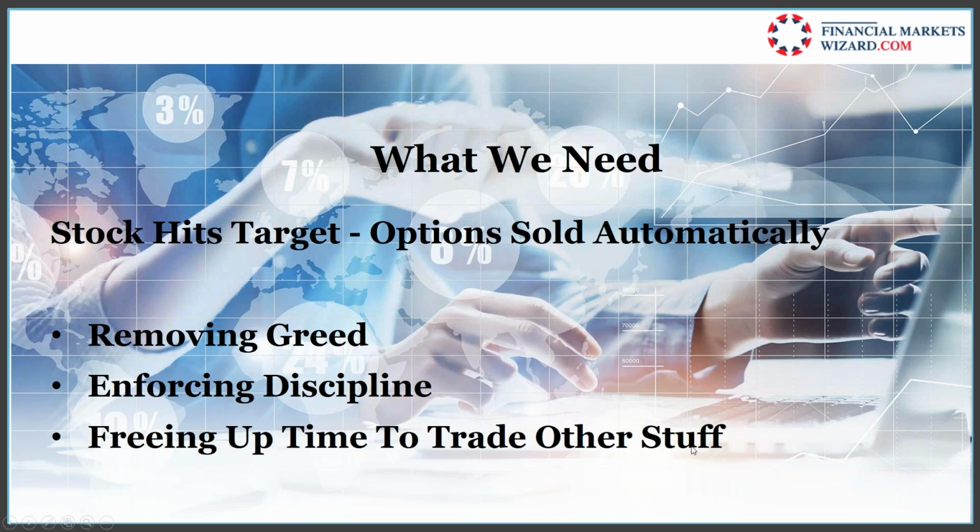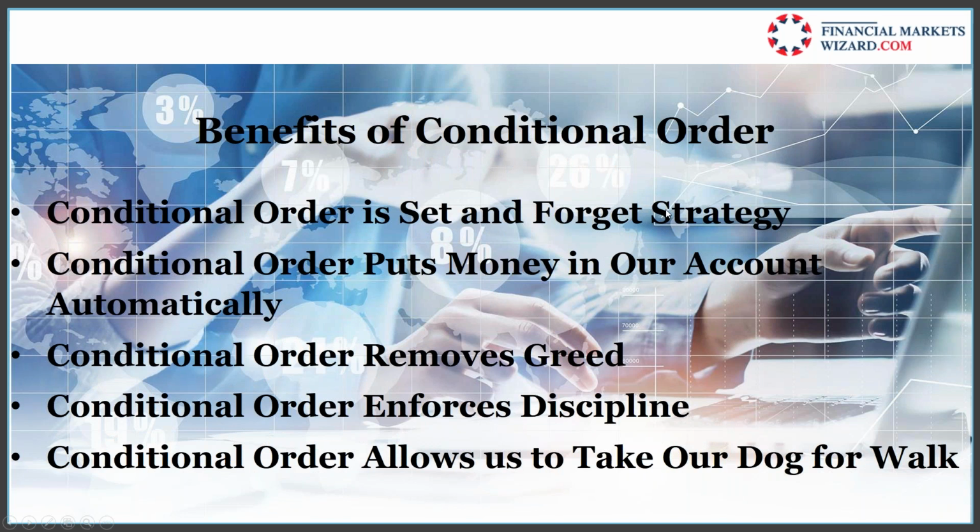If you have 10 positions open and you're involved in all 10 positions, watching all the stocks to hit the target and then you sell, you are unable to focus and concentrate. So once you enter the trade, you know the target, just like you set your sell order for a stock, you have to set the sell order for your option based on the stock target price so that you can focus on other trades and other stuff. So the benefits of conditional order.